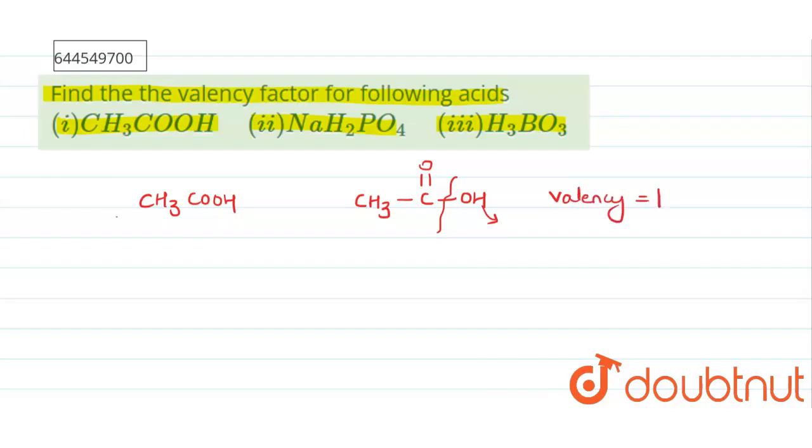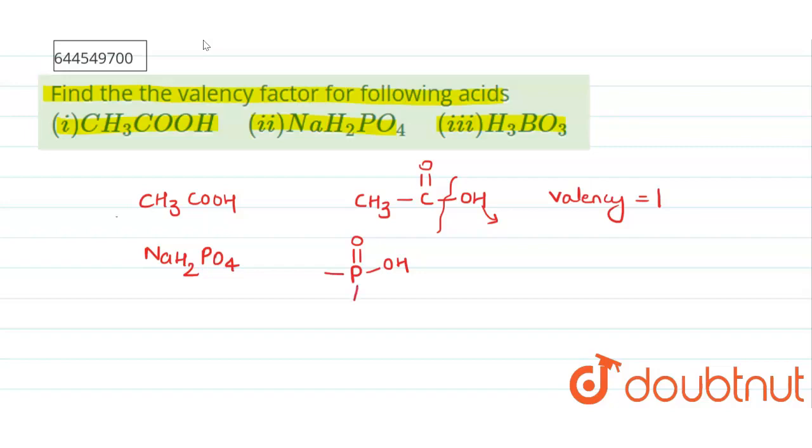Now for the next one, NaH2PO4. For making the structures of phosphates, we have to remember one thing: P double bond O and OH. This is the first criteria. After this, we will continue and join anything.